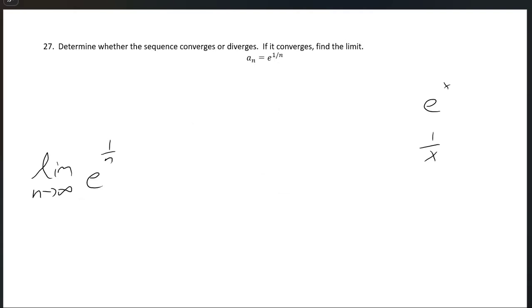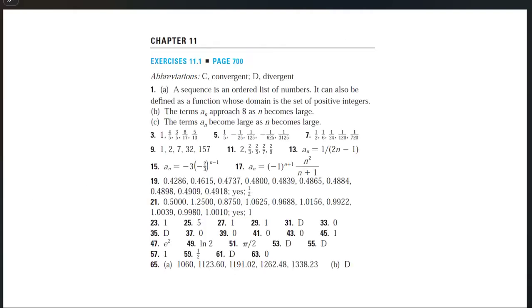We can use the exact same things from functions in sequences as well. So as n goes to infinity, what does 1 over n approach? It approaches 0. So the limit is e to the 0, which is 1. We should check our work. 27 is 1. Yep. 25 was 5. Yep, there we go.